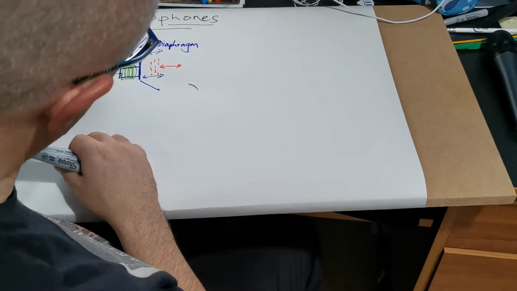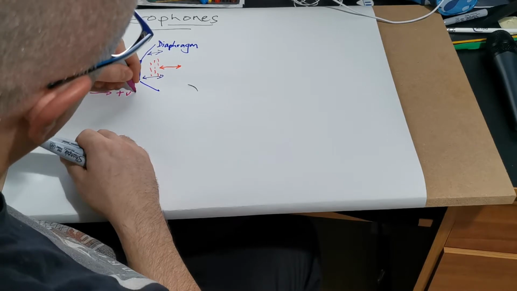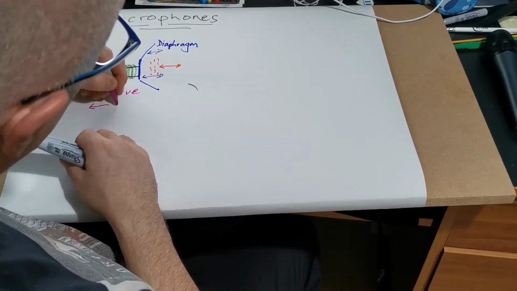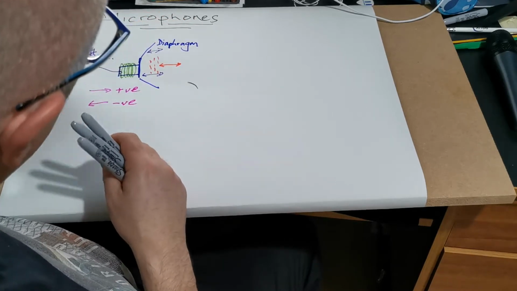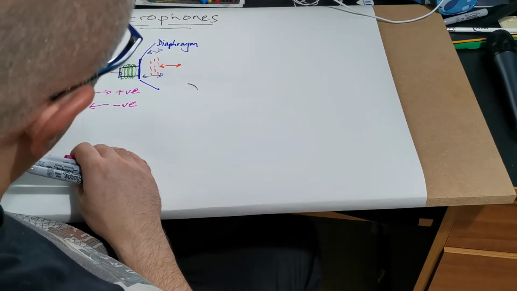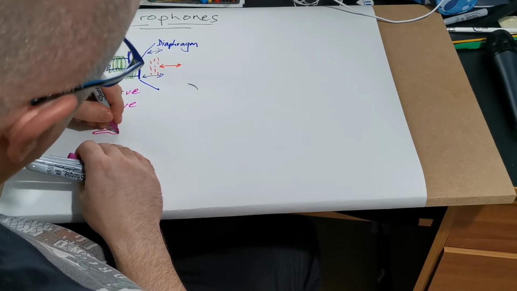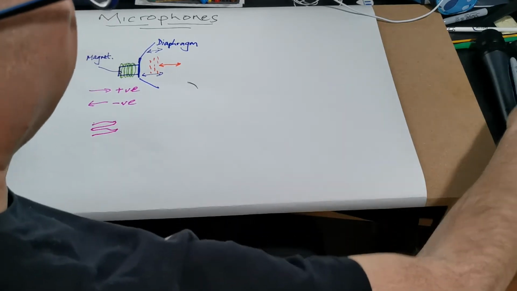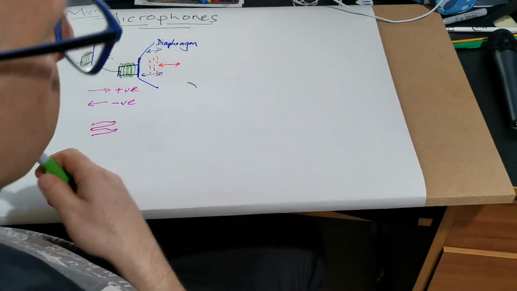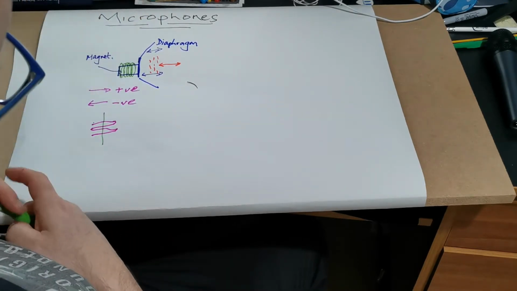And as it goes that way, it gives a current going in one direction. And as it goes that way, it gives a current going in the opposite direction. So as that's moving backwards and forwards, it encourages a positive, negative current. And you start to see that appear as a wave pattern, maybe with a central bit just there.